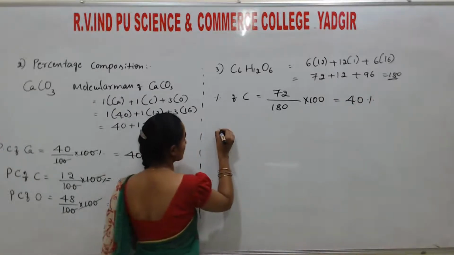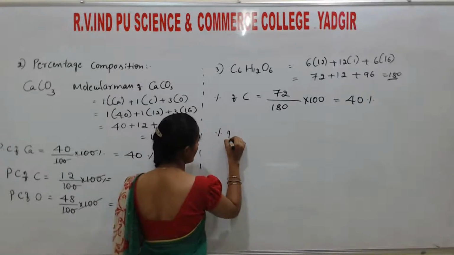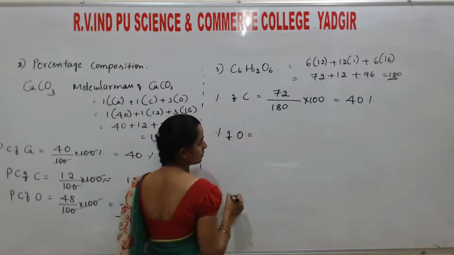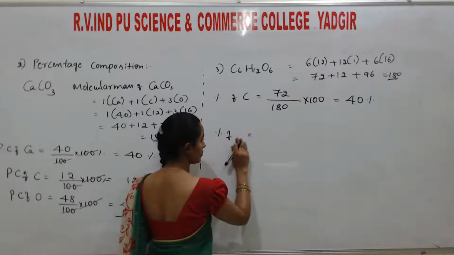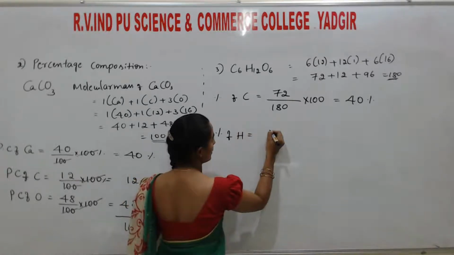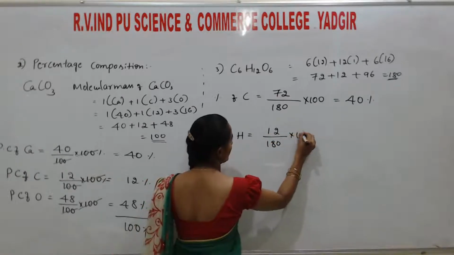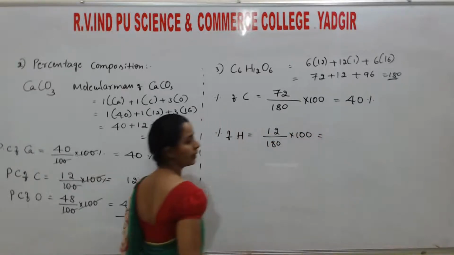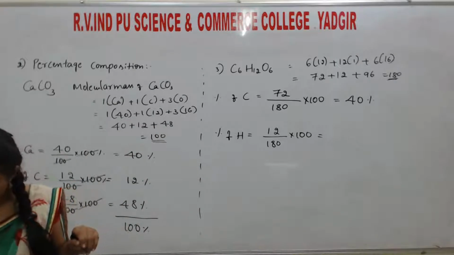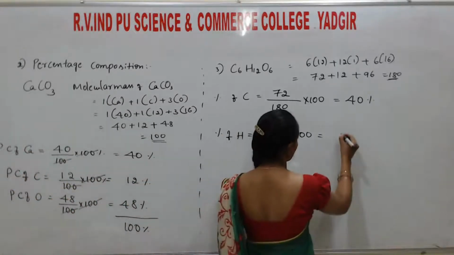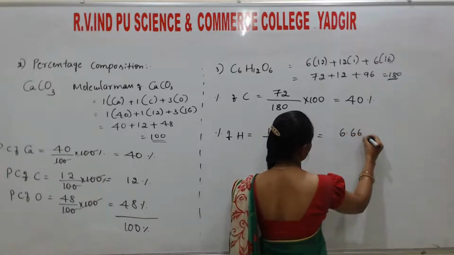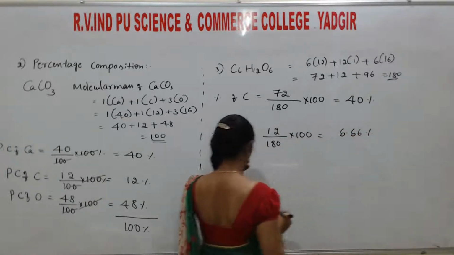Okay, next. The percentage of hydrogen, you take that is 12 divided by 180 into 100. So 12 divided by 180 means 6.66%.